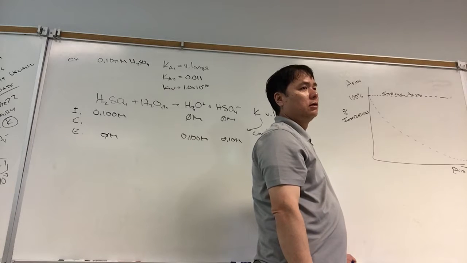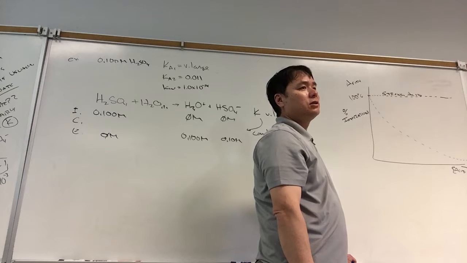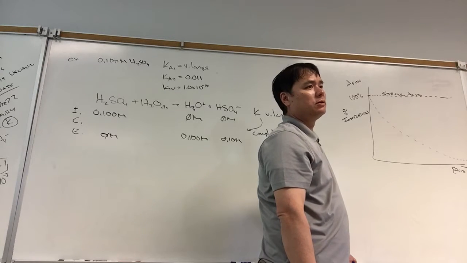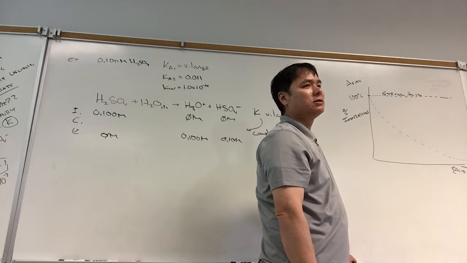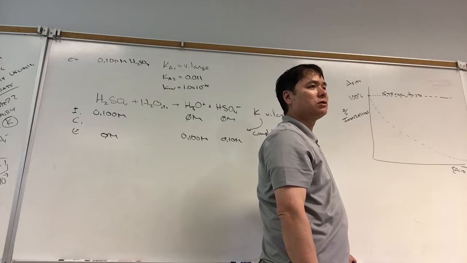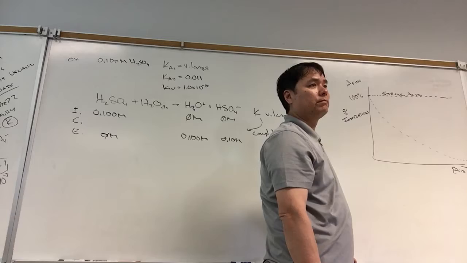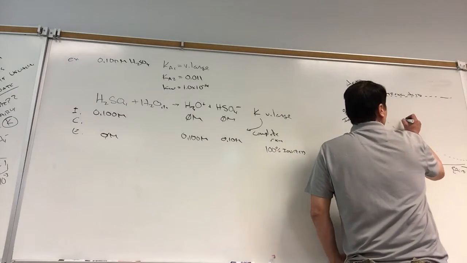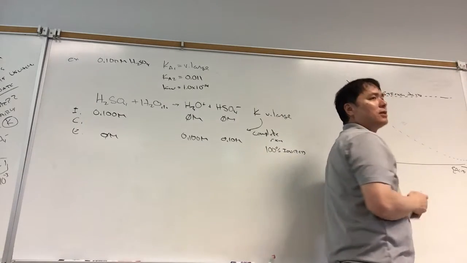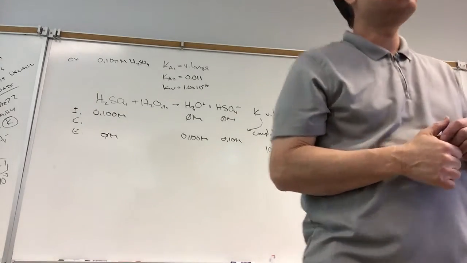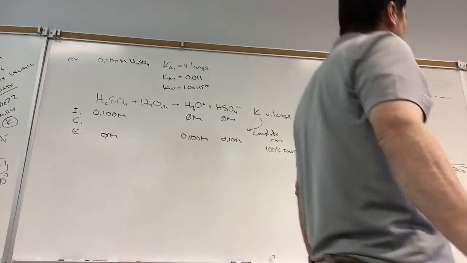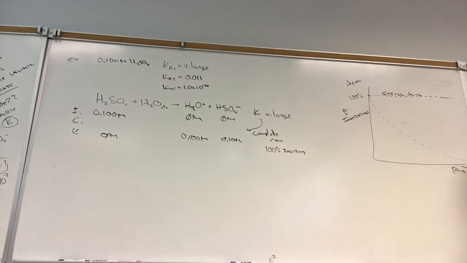What if you have glacial acetic acid? Glacial acetic acid is as pure as you can get. And so the percent ionization of glacial acetic acid is totally different than the percent ionization of vinegar. Typically glacial acetic acid is going to have a lower percent ionization than vinegar, because as the concentration of the weak acid gets higher and higher, the percent ionization gets lower and lower.